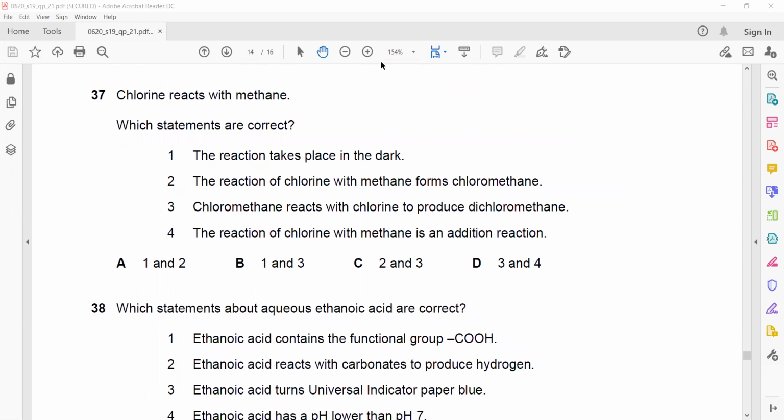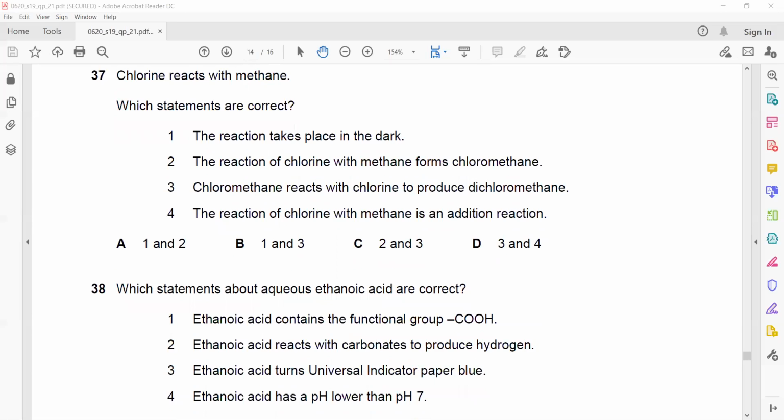Question 37. Chlorine reacts with methane. Which statements are correct?